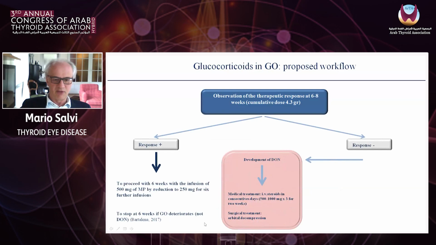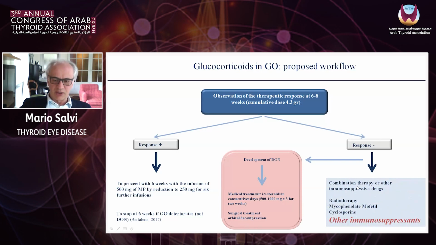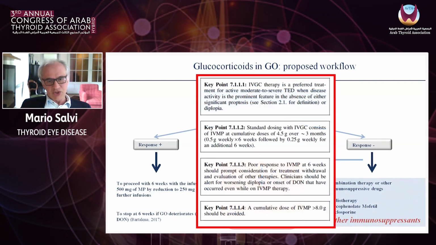With the exception of the approach to Dawn, which we will go into later, we can consider combination treatment with other immunosuppressive drugs. So the suggestion of the task force was that intravenous steroids are preferred when prominent disease activity is the main feature in the absence of other significant signs.